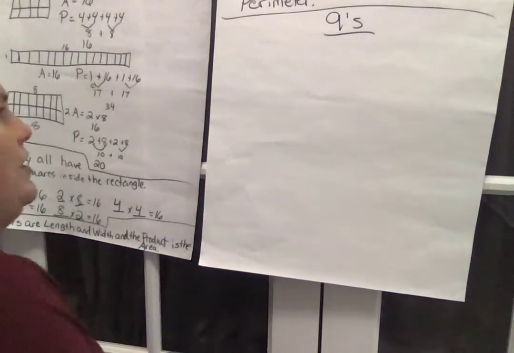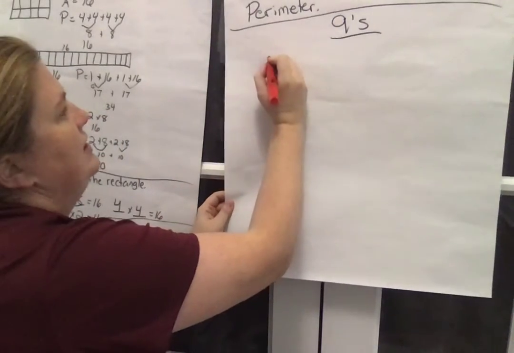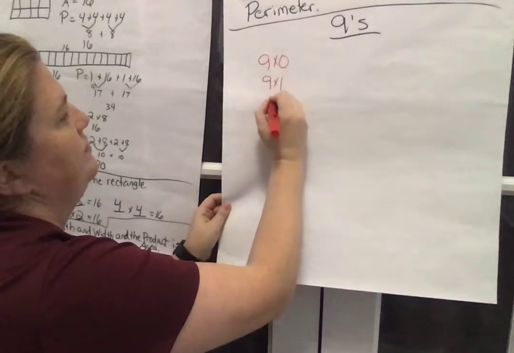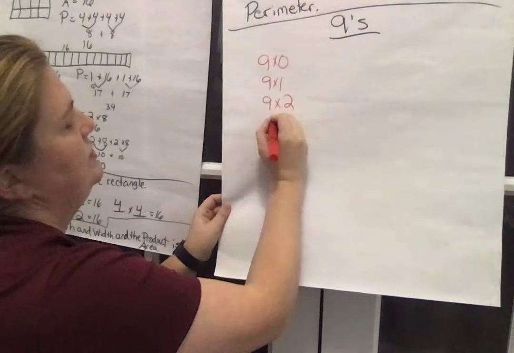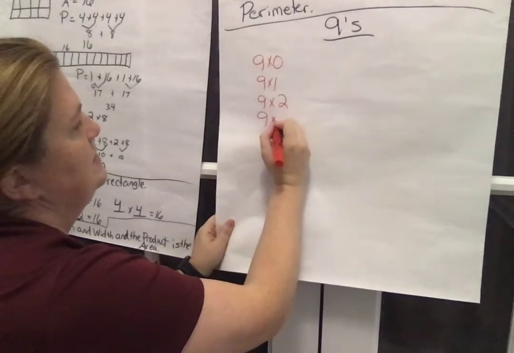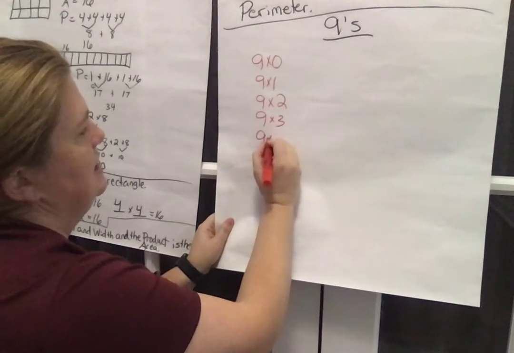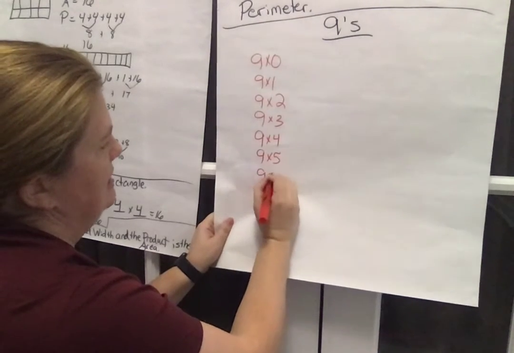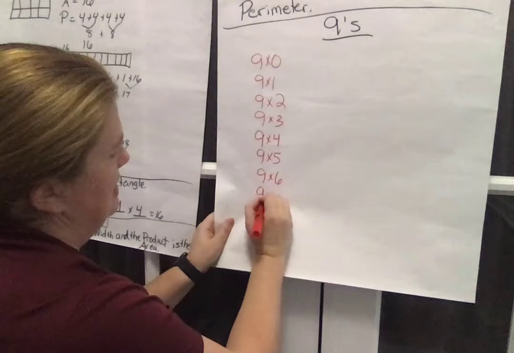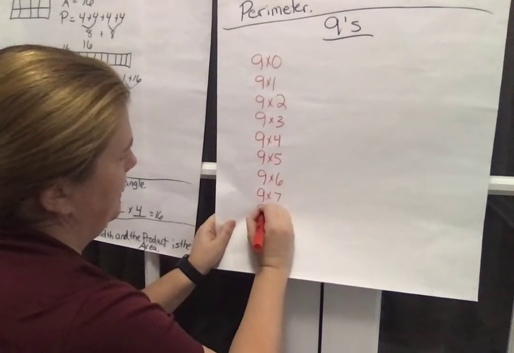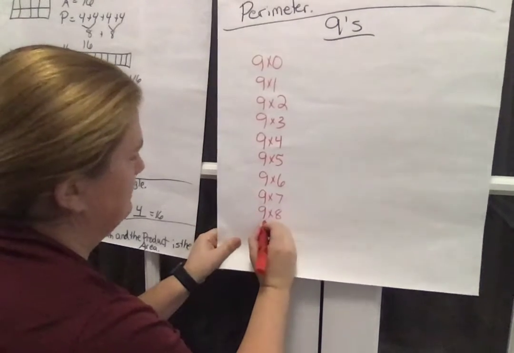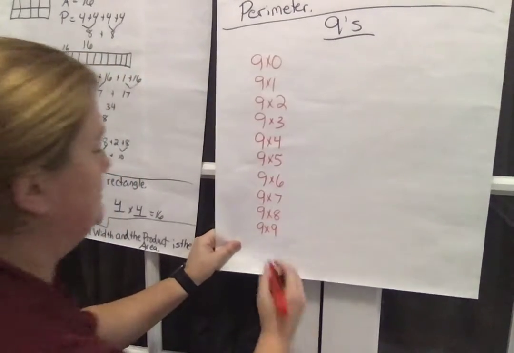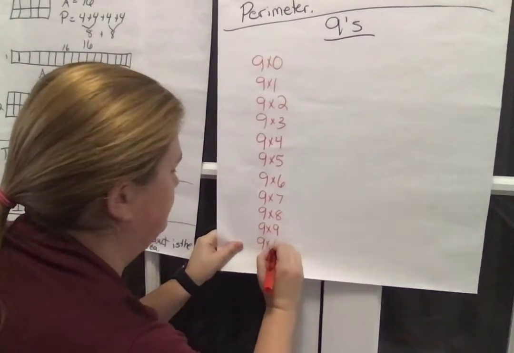When you are working on your nines, let's go ahead and write 9 times 0, 9 times 1, 9 times 2, 9 times 3, 9 times 4, 9 times 5, 9 times 6, 9 times 7, 9 times 8, 9 times 9, and 9 times 10.